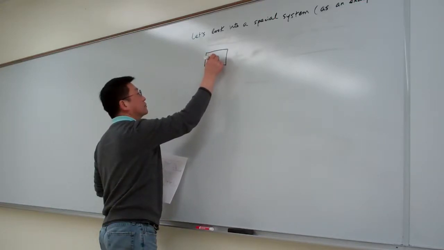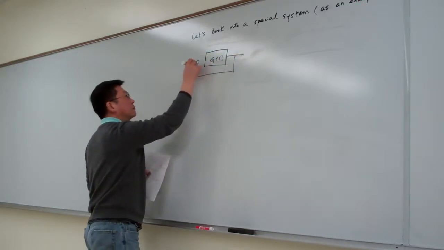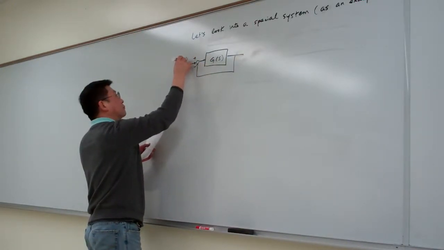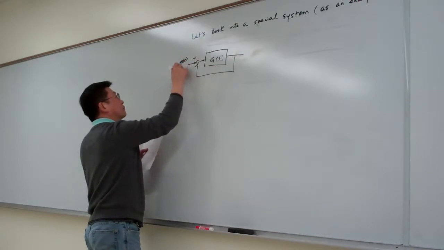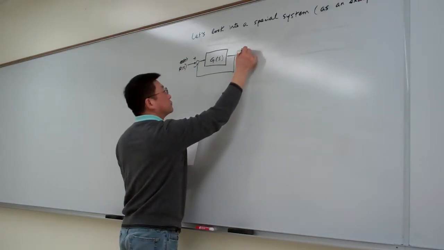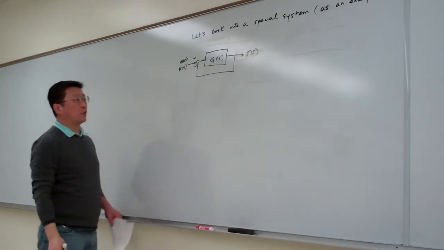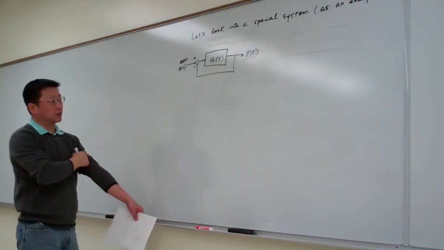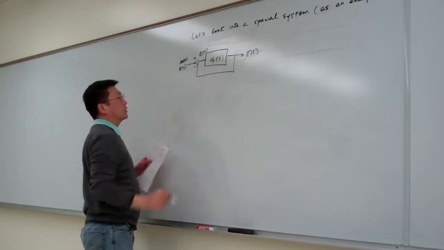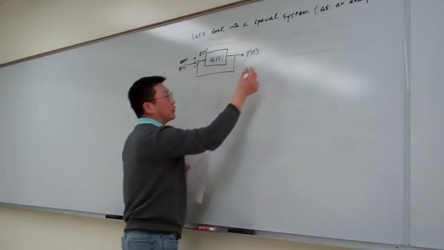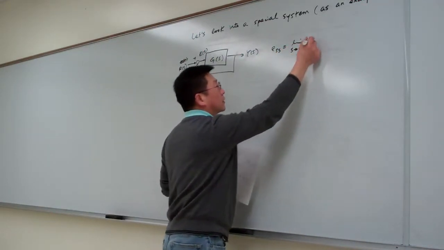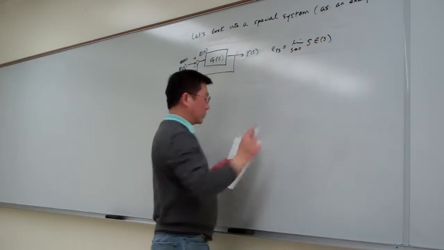So G(s), and here the output is Y(s) and the input is R(s). Everything is in the s domain. So here this is our E(s). Okay. So earlier we know we can calculate the steady state error as the limit as s approaches 0 of s times E(s). Okay, we'll stick with this one.